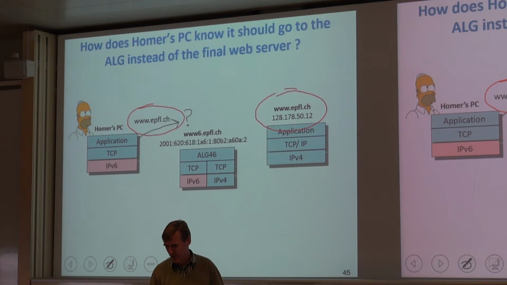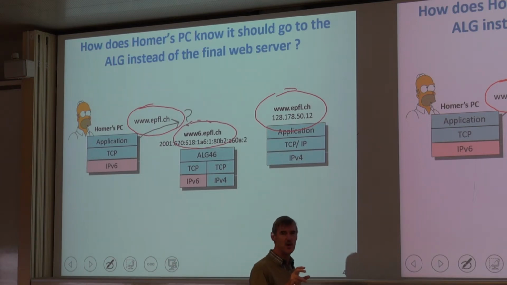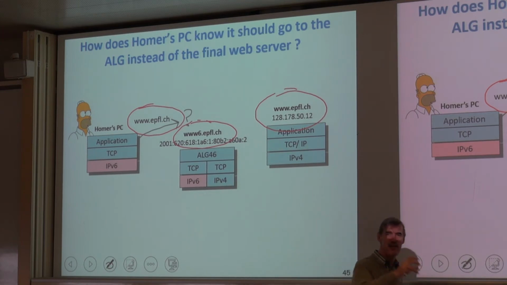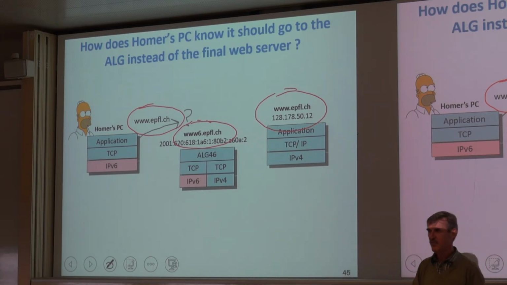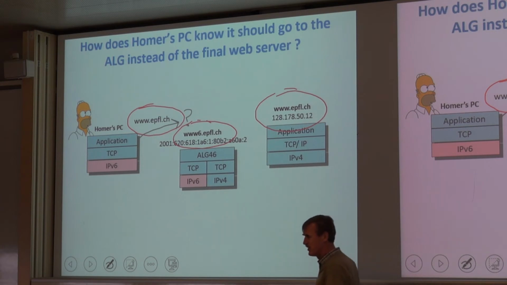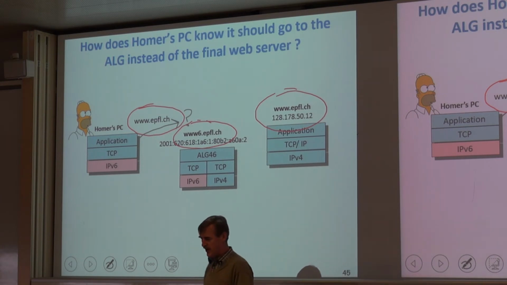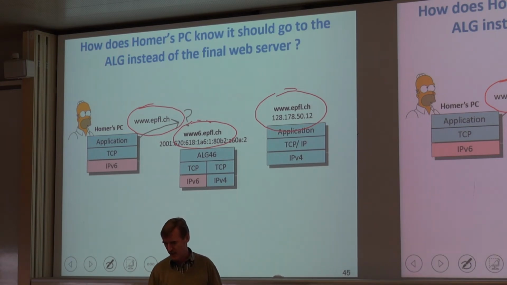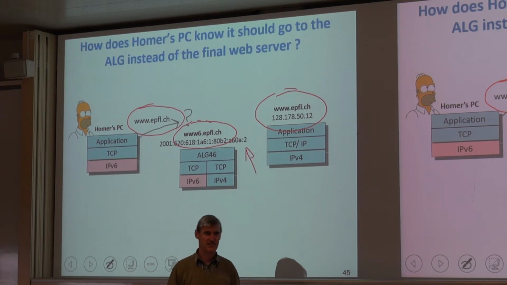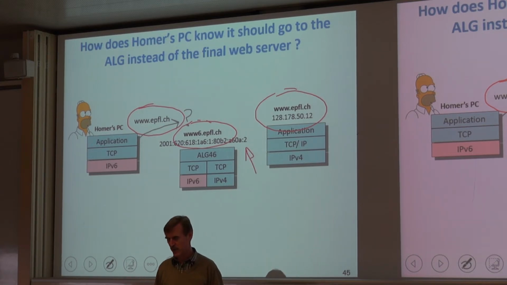So the way it's done at EPFL is we have an application layer gateway that is not in a firewall somewhere in the company, but it's just another web server that pretends to be www.epfl.ch and has an IPv6 address. The last time I sampled the system, it was www.6.epfl.ch. And if you do Wireshark to see what happens, in fact, it is just simply relaying your request.